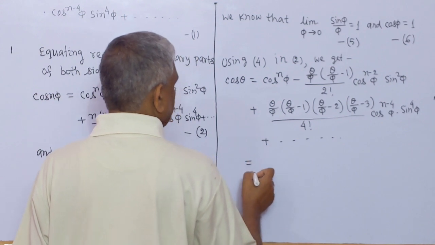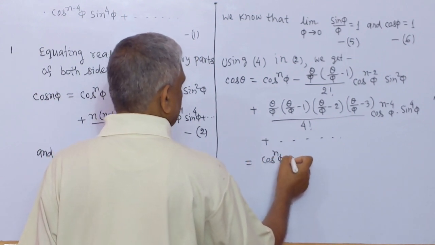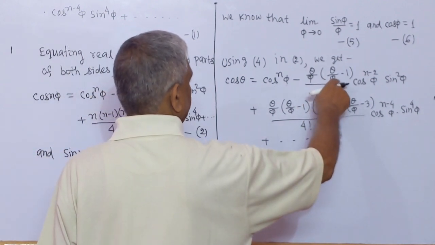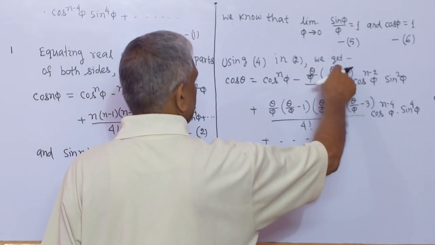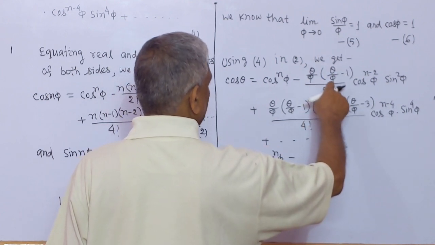The right side is cos to the power n phi, minus, here we take LCM phi, so here theta into (theta minus phi) and phi multiplied by phi square.